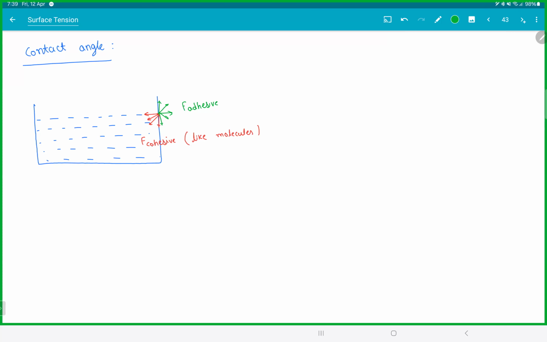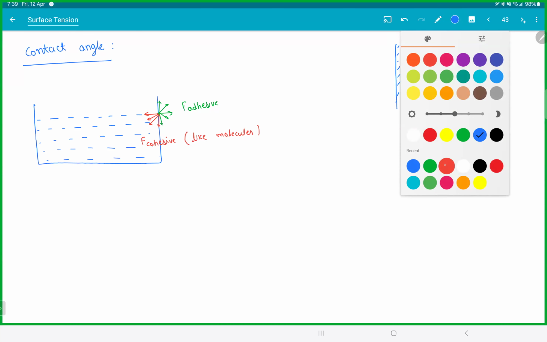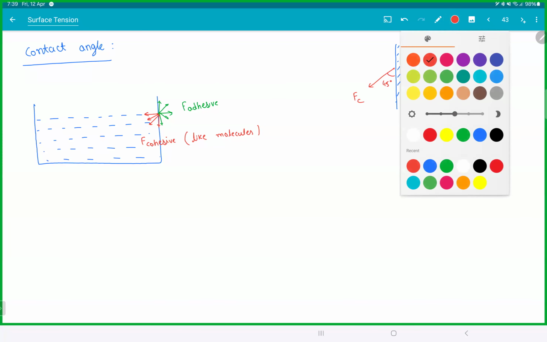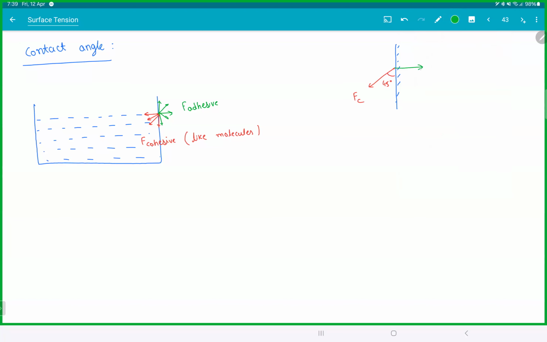So now, if you look at the force profile, the adhesive forces and cohesive forces will be like this, almost at a 45 degree. The cohesive forces will be like this.